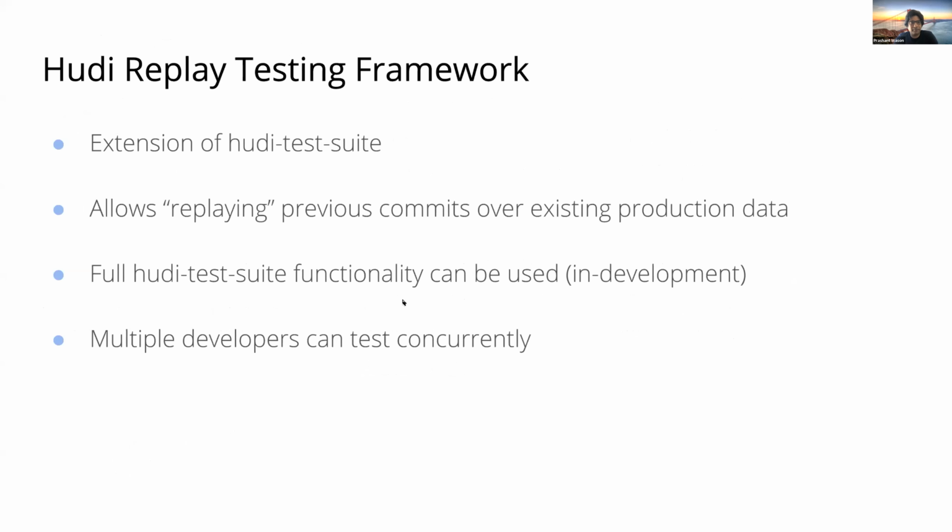We replay it back, maybe by changing different settings or using a different Hudi version, and we measure it and compare it to what happened in production. This way we can test various settings and new features on our existing data sets, and multiple engineers can do this testing together without having to create copies of those data sets or without having all of those challenges which I mentioned earlier.